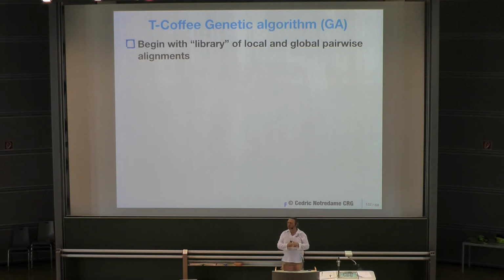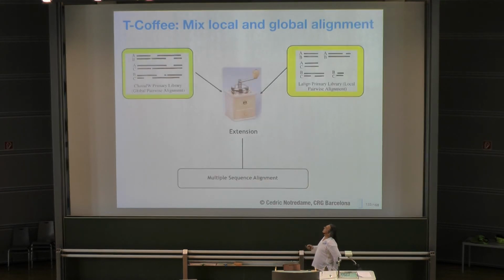Previously, I told you that sometimes you don't really know, is 2 hits out of 2 better than 4 out of 7? So are local alignments or global alignments better? The beauty of T-coffee, of the genetic algorithm, is you can simply toss them all into your mixture, your admix, and then see what is better.